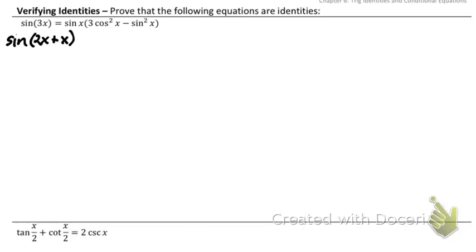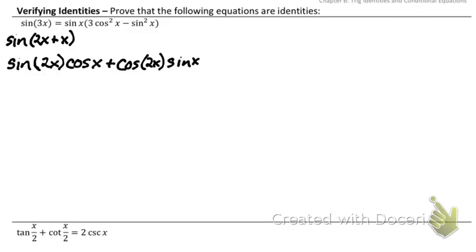So I'm going to rewrite this as sine of 2x times cosine of x plus cosine of 2x sine of x. All right, so that's just our sine alpha times cosine beta plus cosine alpha sine beta.